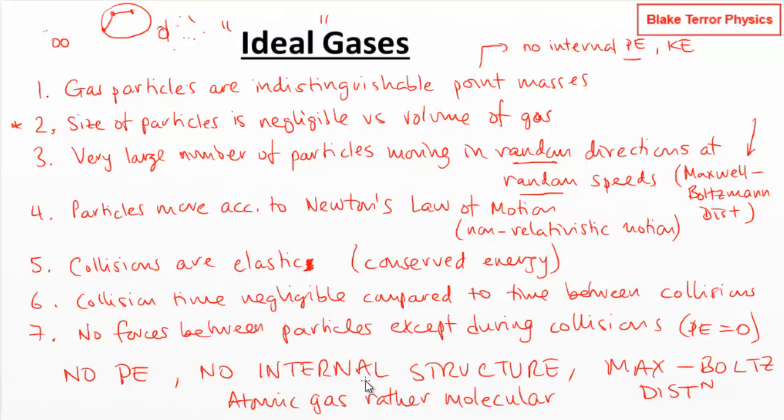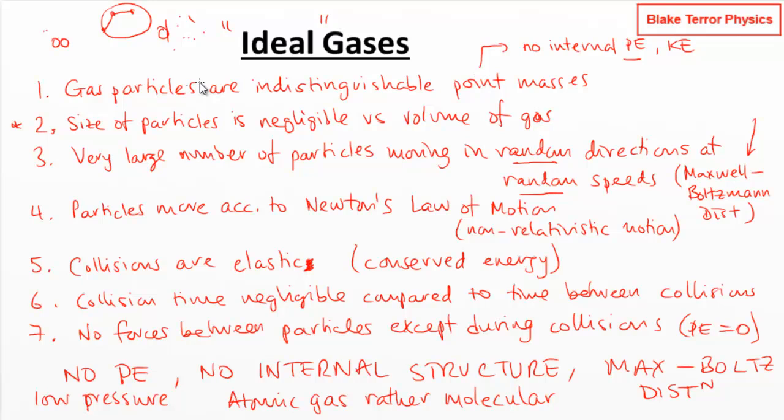This also comes with our potential energy as well, in terms of having internal structure being a problem for potential energy, but we're going to want to have low pressure. That's going to be much better for keeping all of these other assumptions, that we've got a size of the particle negligible compared to the volume of the gas.